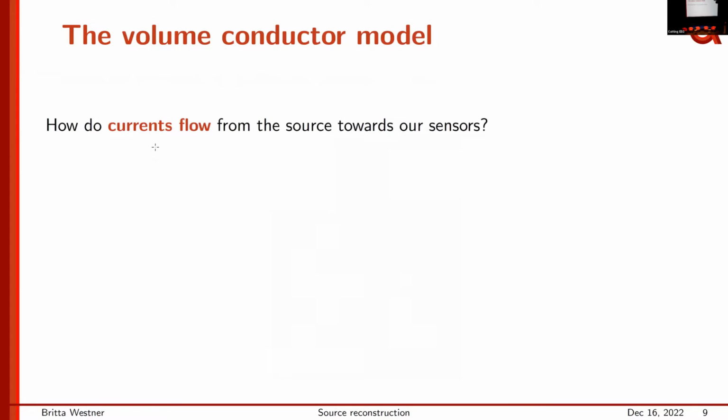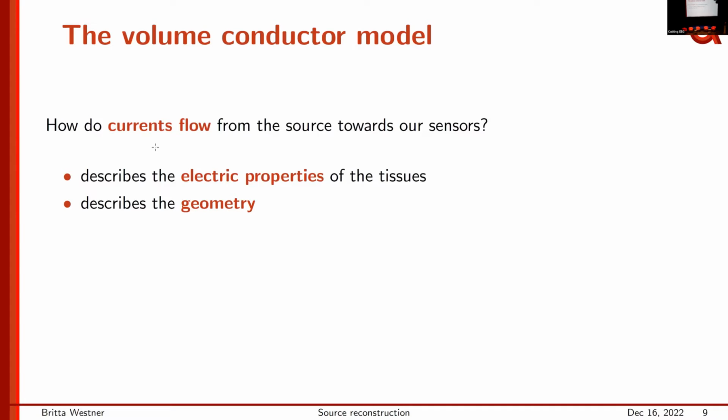A bit more involved is the volume conductor model. And here there are also big differences between EEG and MEG source reconstructions. So as I said before, it describes how the currents flow from the source towards the sensors. You need to describe the electric properties of the tissues. For that, we have standard values. But you also need to describe the geometry.